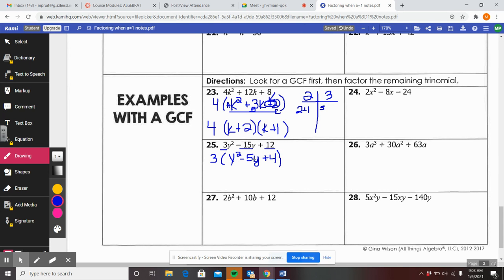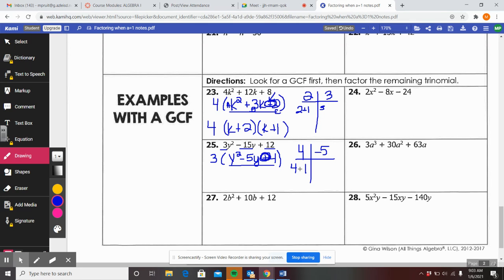All right. And then same thing that we were doing, you just do it inside the parentheses. So A times C, so 1 times 4, that gives you 4, that gives you negative 5. Are we adding or subtracting? Adding. So it's 4 and 1. But if you have 4 plus 1, that gives you positive 5.